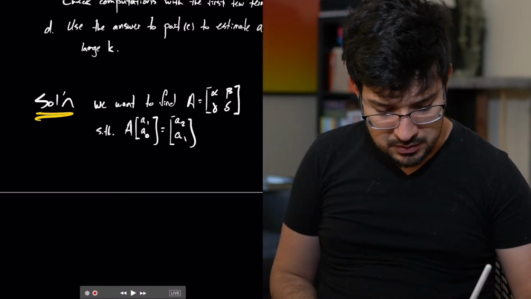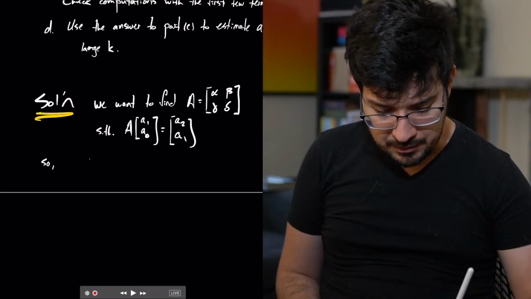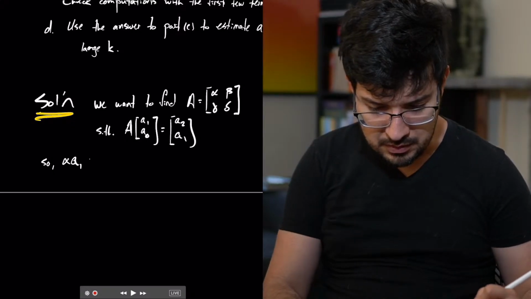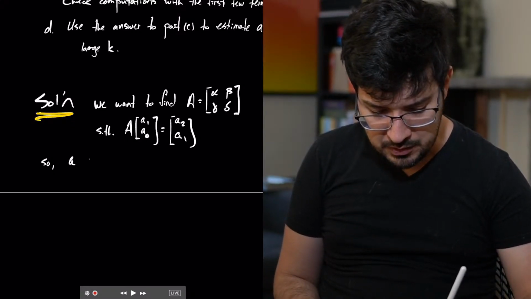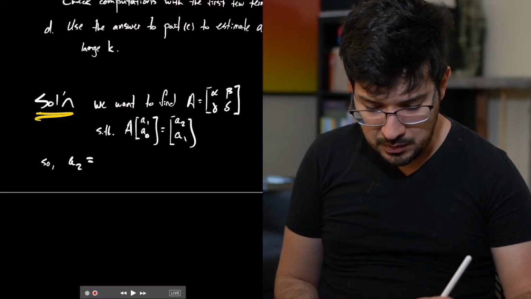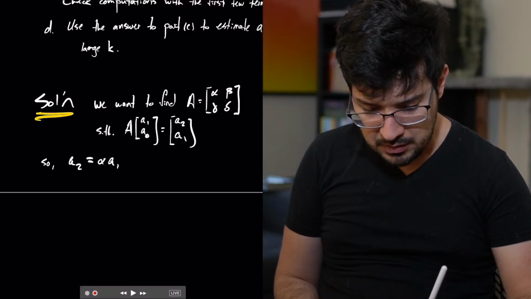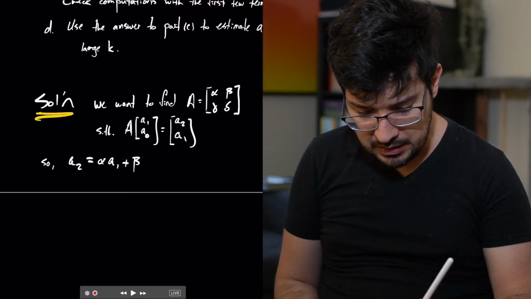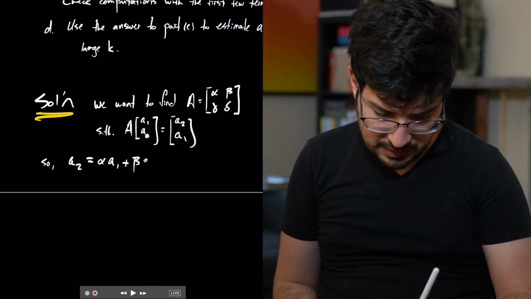So, alpha times A1, let's see, so A2 should equal alpha A1, that's kind of cursed, but oh well, plus beta A naught.